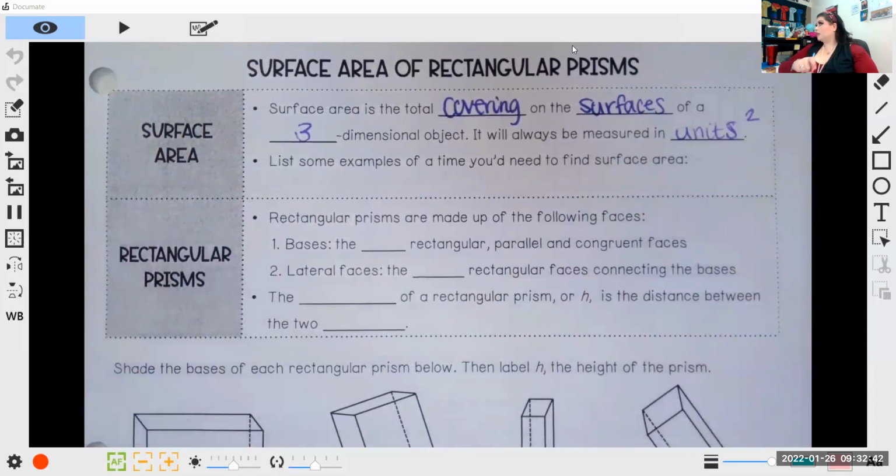So we can think of some examples. I encourage you to pause the video and think of some examples that you'd need for surface area, right?